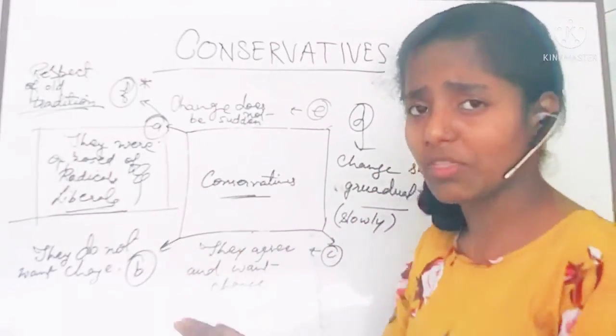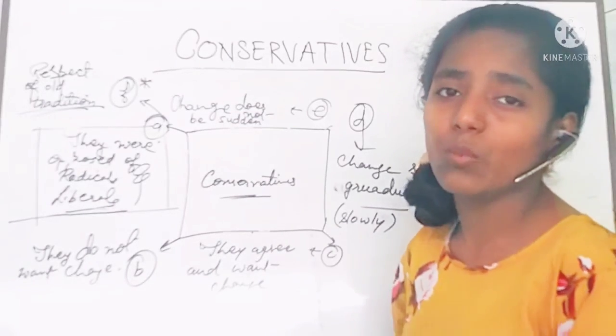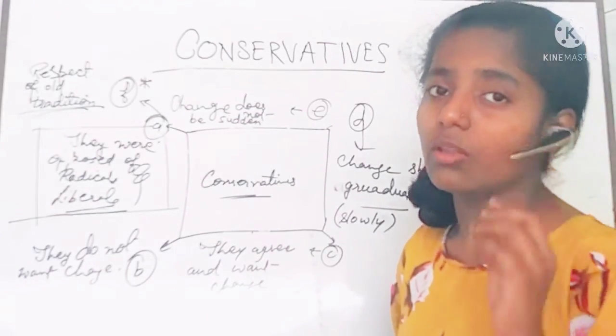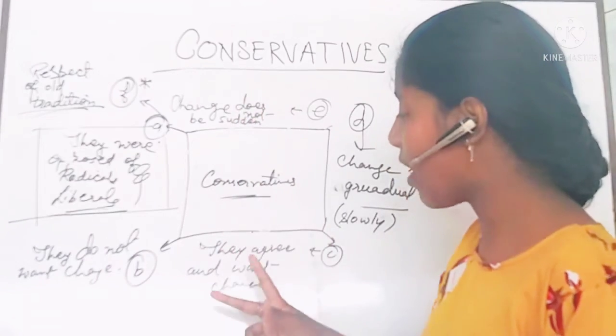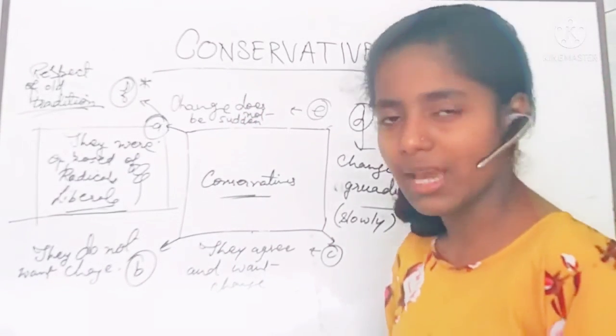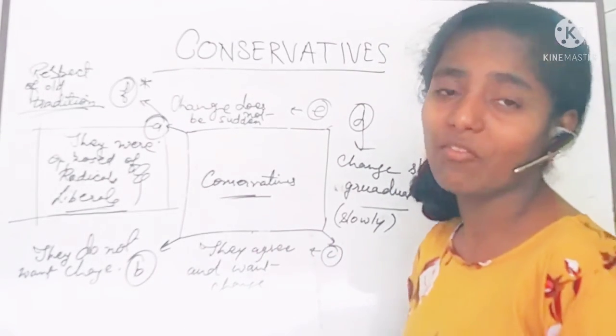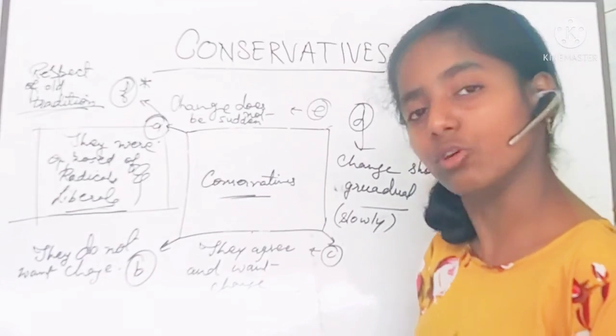So these were the basic things for your conservatives that need to be remembered, and conservatives play a very important role in changing society, because they were from the families of kings and queens and from the Orthodox Christians.